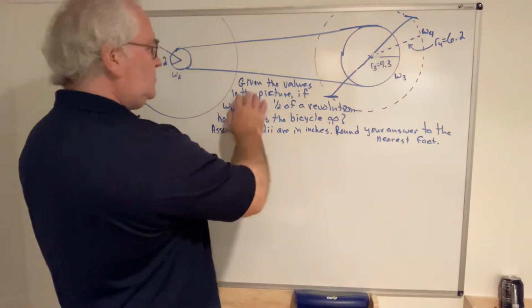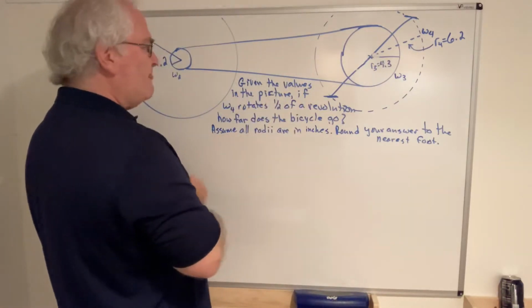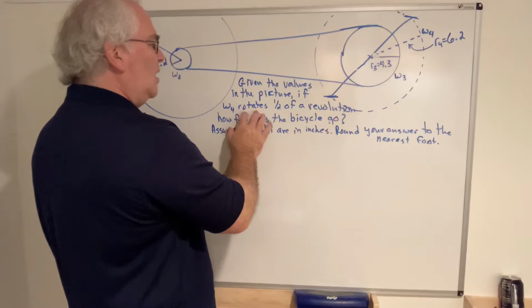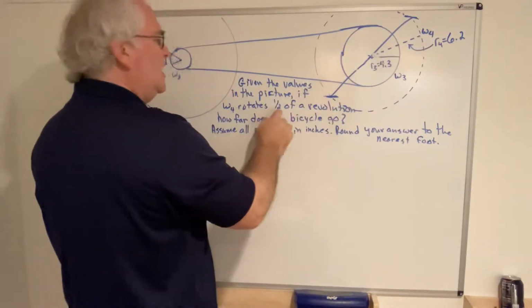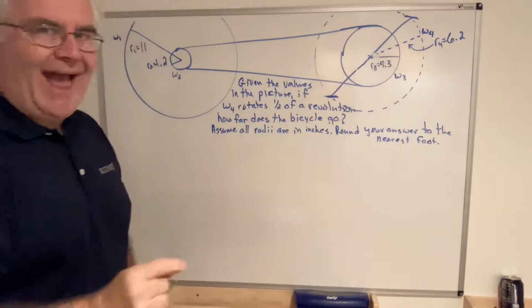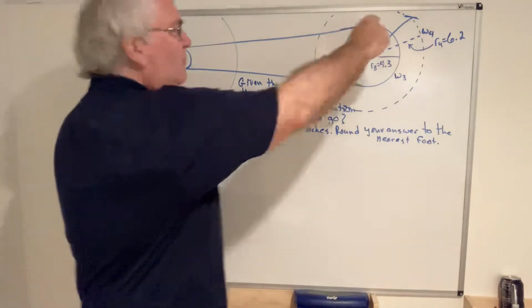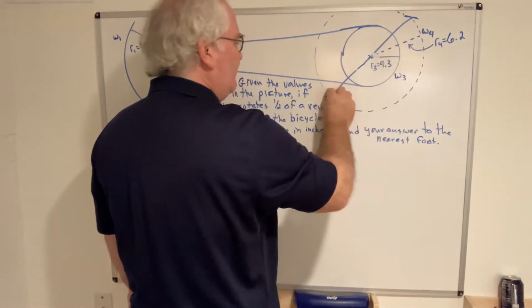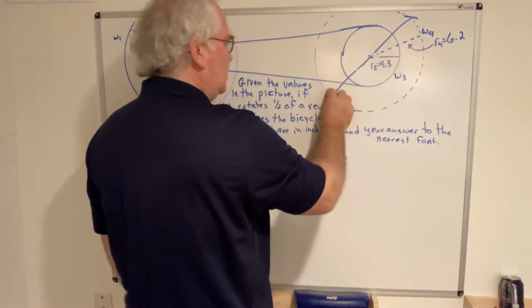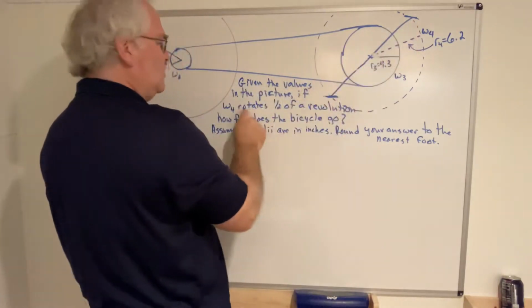Let's see. Given the values in the picture, if wheel number 4, the large outside wheel determined by the pedals, rotates through 1/2 of a revolution, so if your pedal on your right foot goes from here around to where the left foot was, so 1/2 rotation on the foot pedals, that's wheel number 4.